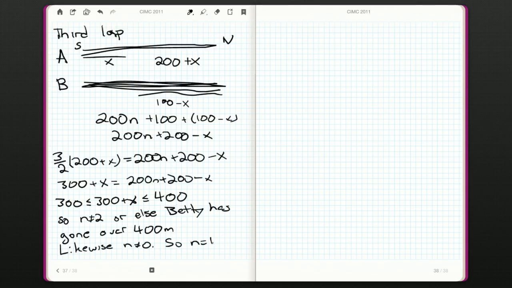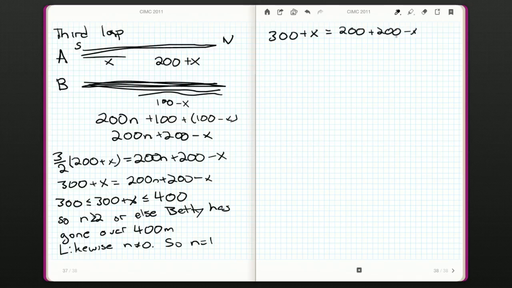In fact, n can't be greater than or equal to 2, we should say. Rule out all those numbers. So n's got to be 1 again. So she still hasn't gone that much further. She hasn't done 2 full trips. Okay. So then 300 plus x is equal to 200, because n is equal to 1, plus 200 minus x.